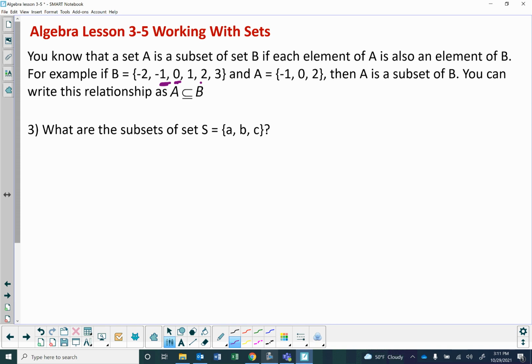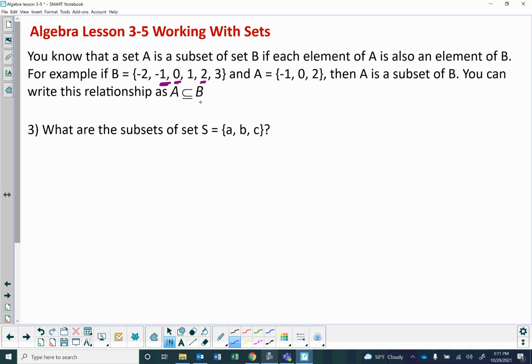A has 2, B has 2. So A is a subset of B, but B is not a subset of A, because all the elements of B are not in A, but all of the elements of A are included in set B. And you can write this relationship as A is a subset of B. And it looks like a capital U sideways with a line underneath it. That's the symbol for saying that it's a subset.